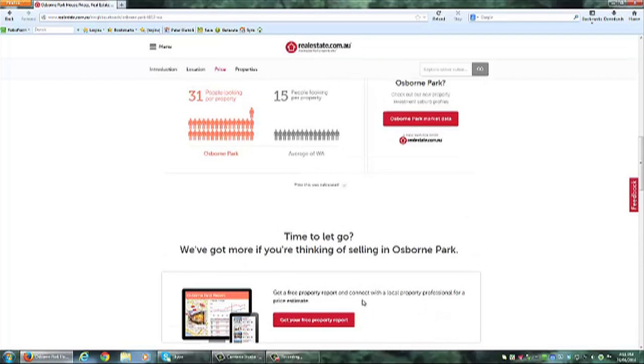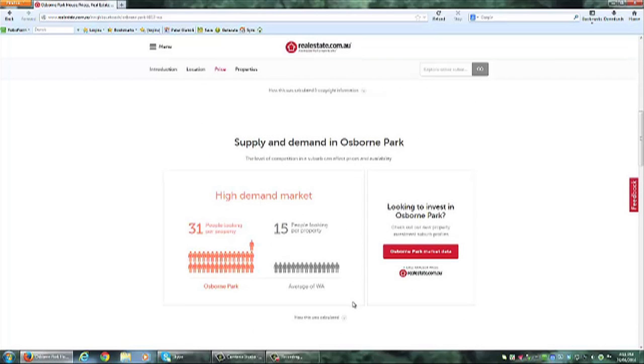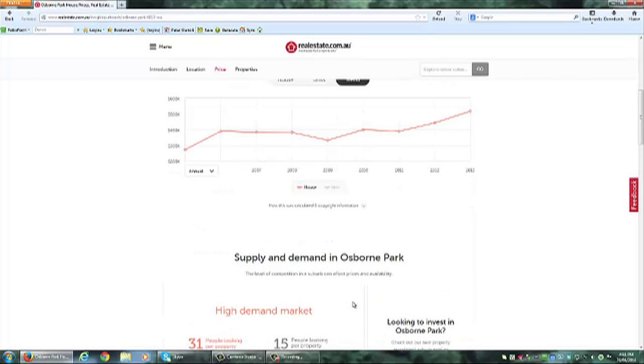So you can see that from this analysis indeed, Osborne Park is a particularly good suburb for investors to look at, but more importantly, by doing this research online and combining it with research offline by actually visiting properties, you could very quickly get a good feel for the suburb.